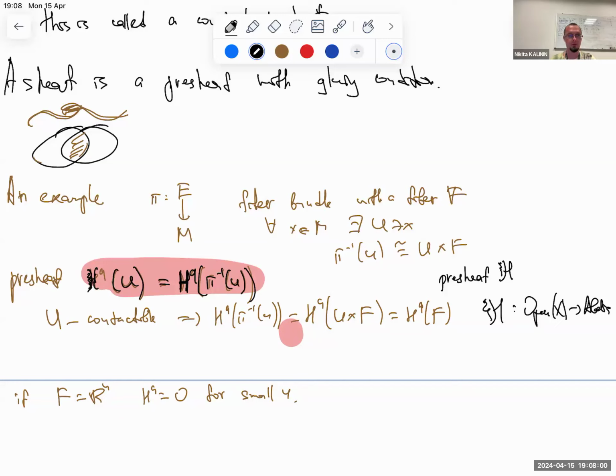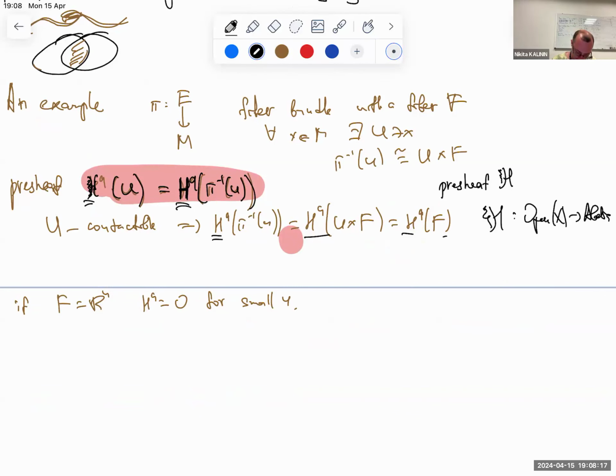So that's a quite reasonable question. Indeed, that's just H beautiful of U, and that's just the usual H of pi minus 1 of U. Here it's again just the usual cohomology. So this presheaf is called locally constant.